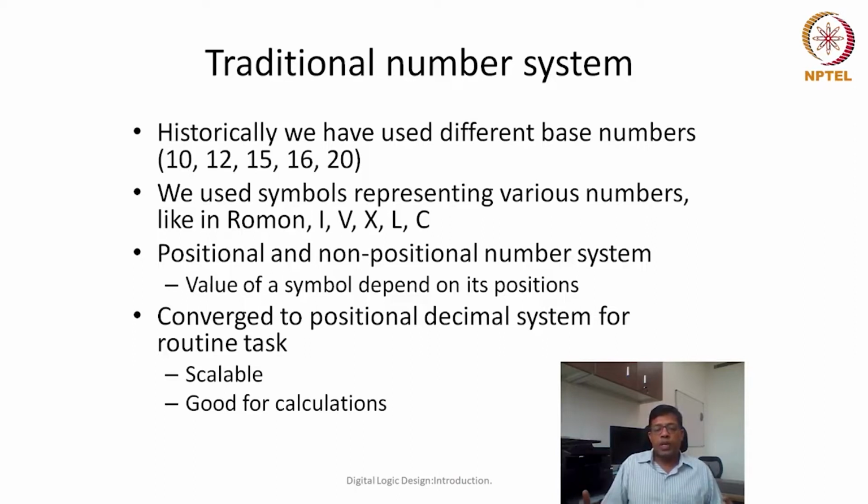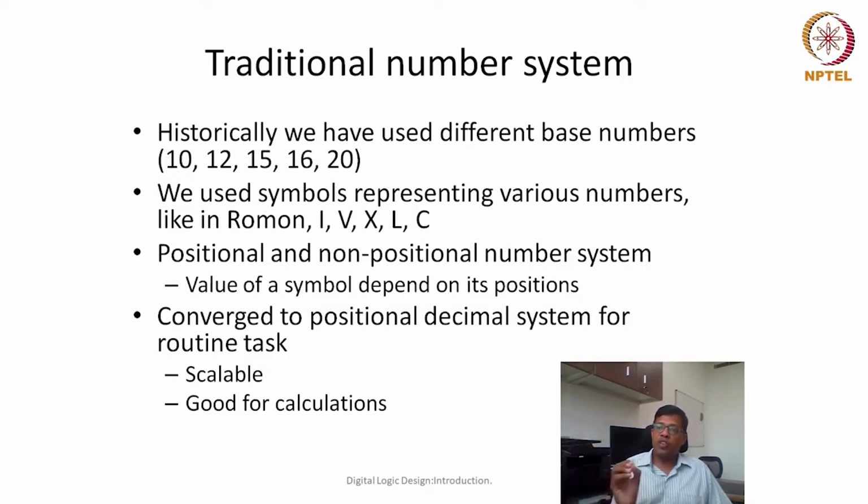Based on this, we can classify all these systems into two parts. One is position based, another is non position based. In a position based number system, there would be a fixed set of symbols. For example, in decimal there are 10 symbols: 0, 1, 2, 3, 4, 5, 6, 7, 8, 9.